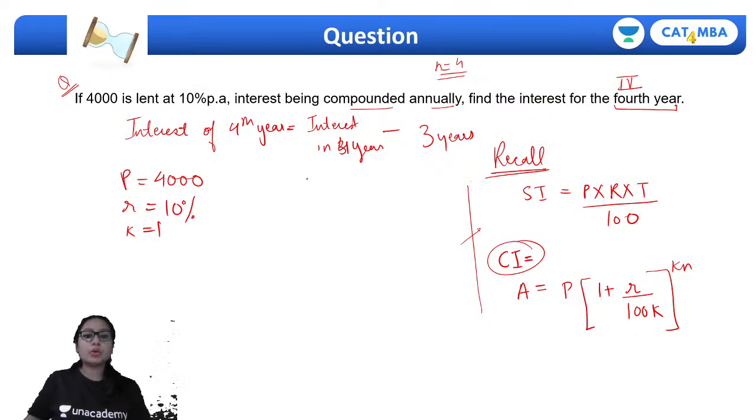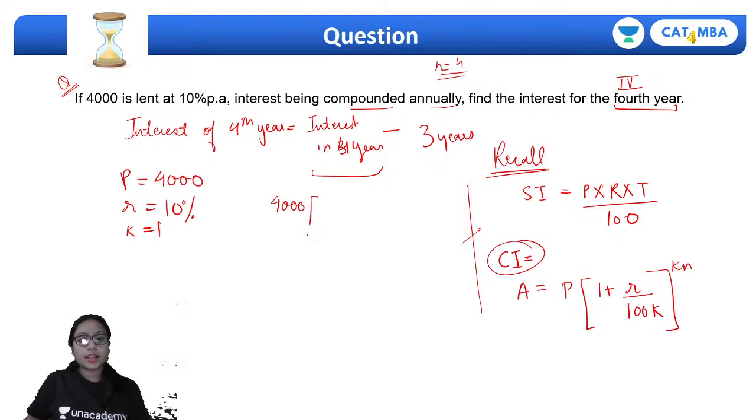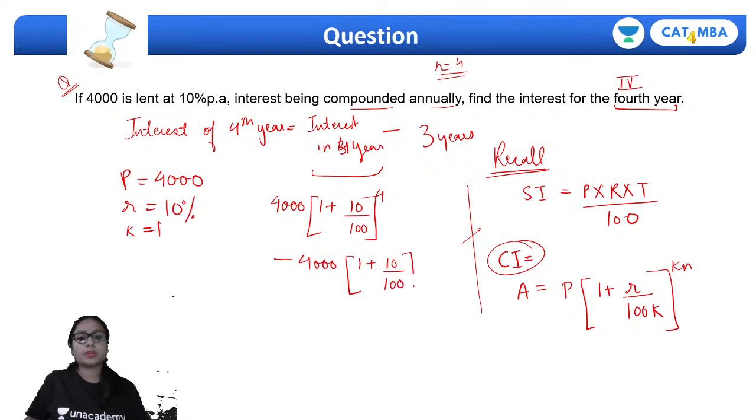Let's put the values in the formulas and get the answer. The amount for 4 years would be given by 4,000 into 1 plus 10 upon 100 raised to the power of 4, minus for 3 years, 4,000 into 1 plus 10 upon 100 raised to the power 3.